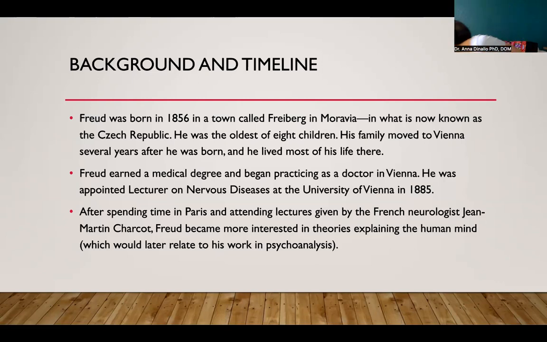Because now we're talking about the nervous system and how that really can play into things. So that's where he was in 1885. And after spending time looking at different human theories related to psychoanalysis, he started to develop his own work.